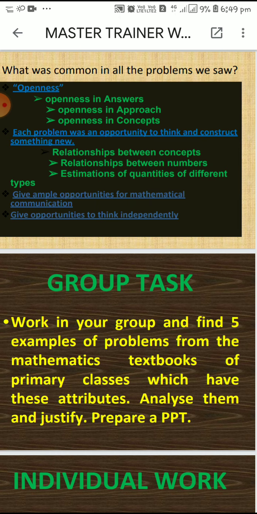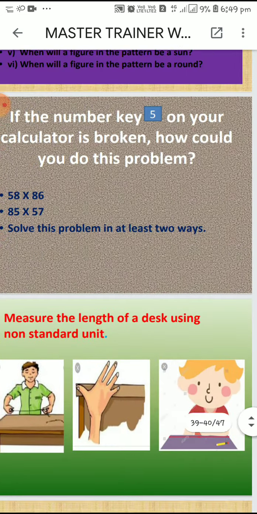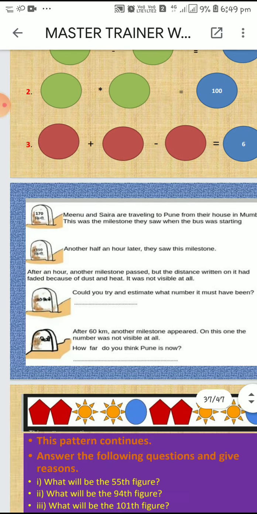If you want to give the concept of area, perimeter, liter, meter, capacity, estimation, subtraction, addition, all these things come under attributes. So have a look at that PPT, and if you have any doubt you can ask.